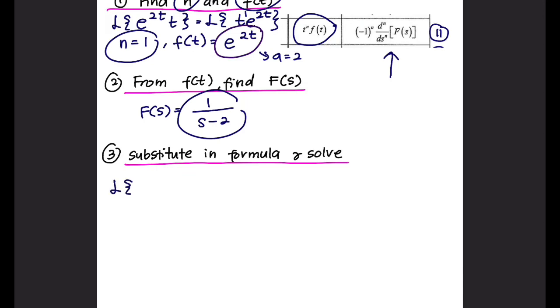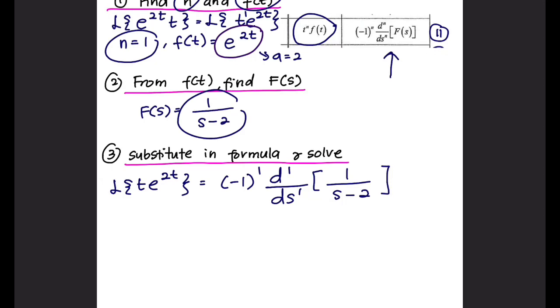So we have Laplace of t exponent 2t equals negative 1 power of n, n is 1, d 1 over ds 1, and then put F(s). So we have 1 over s minus 2.